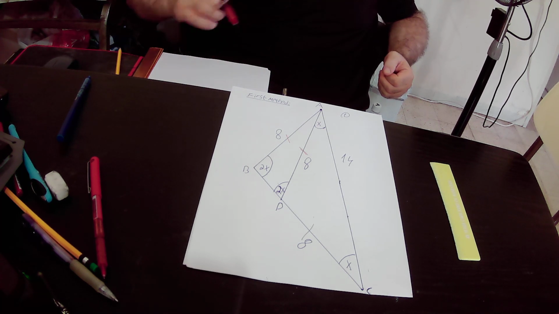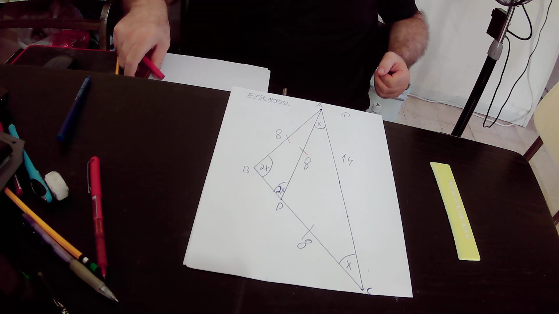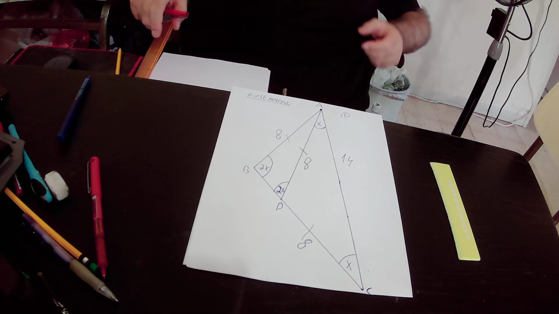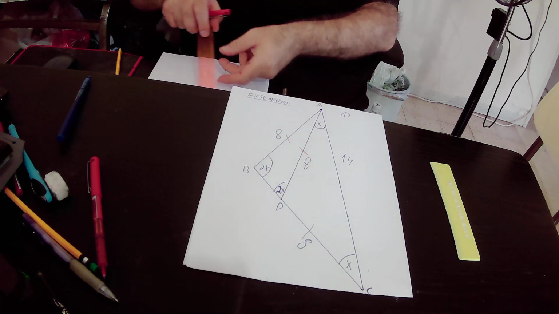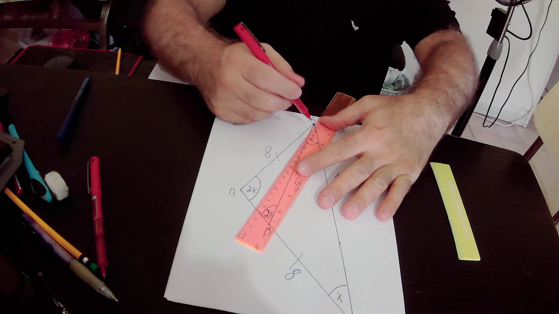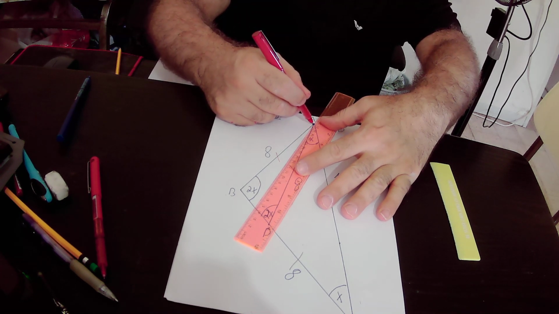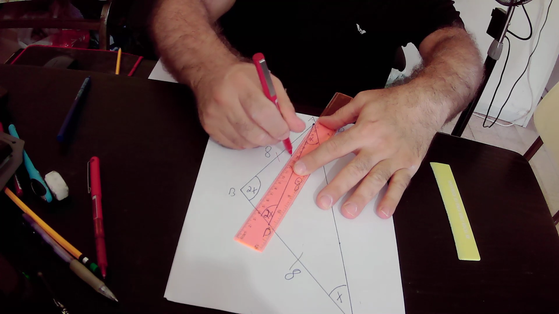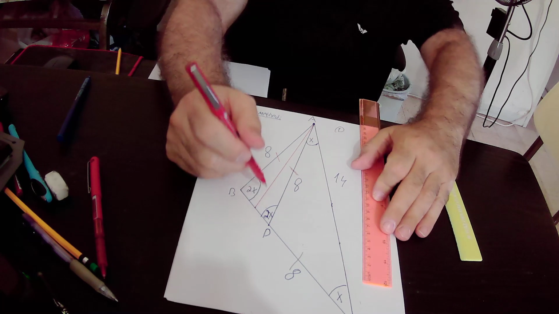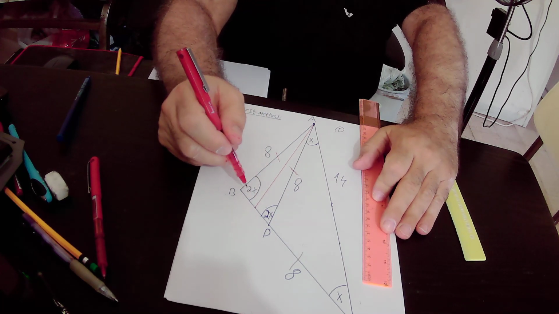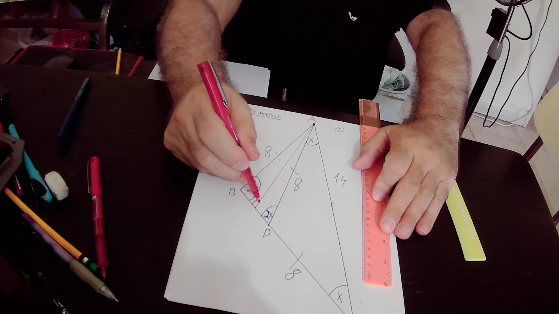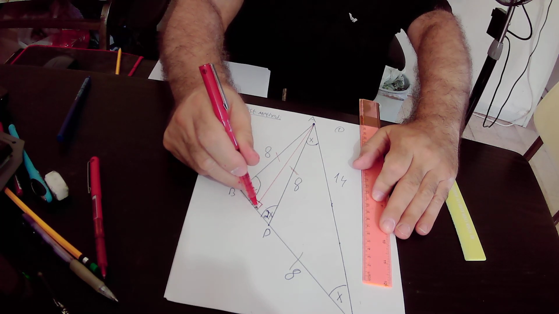So according to rule number 3, if from point A we draw a perpendicular to the base BD, so this is the height to the base BD, therefore this angle is a right angle, and also this angle equals 90 degrees.